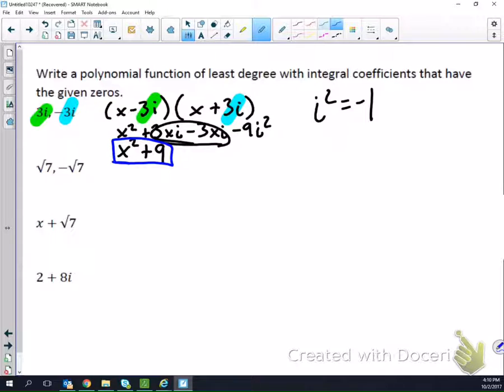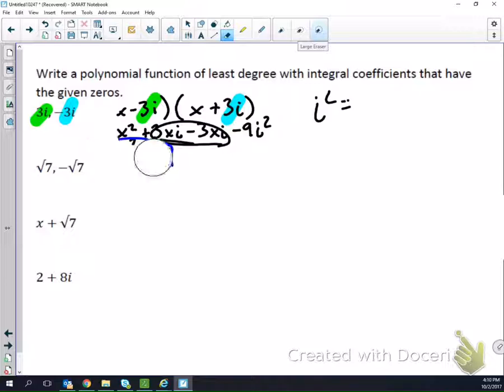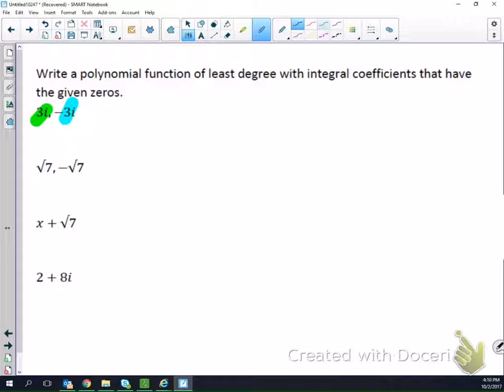All right, so now let's try this next one. Similar thing. I'm going to start off with writing my x minus square root 7. Multiply that by x minus a negative square root 7, so x plus square root 7.